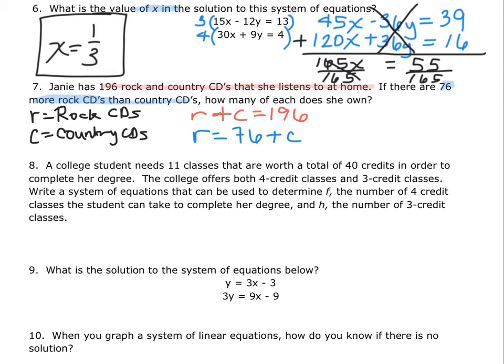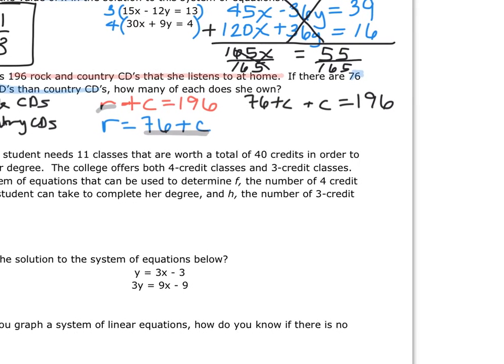So to solve this system, are we going to use substitution, elimination, or graphing? Substitution, exactly, I agree. Because R is 76 plus C, so I'm going to replace the R with 76 plus C. So I have 76 plus C equals 196.